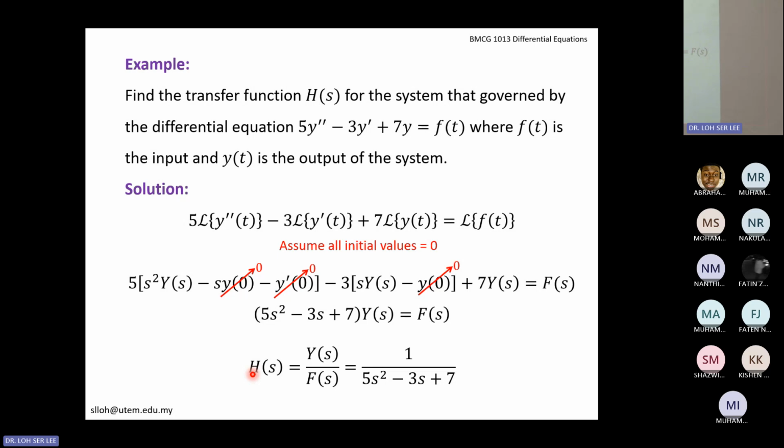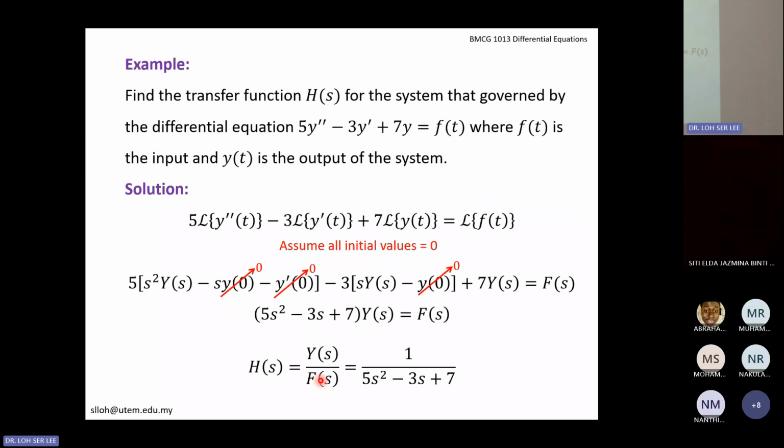The output is Y, input is F. So we have output Y over input F. This is our transfer function. So we want to get Y over F from this equation. To get Y over F means this F we bring to the left and this function we move to the right. That's why you get this.